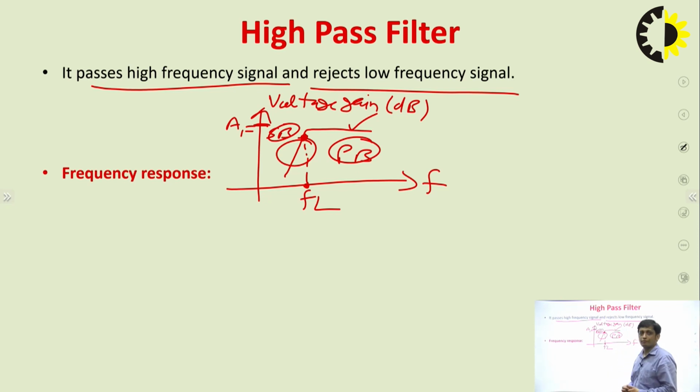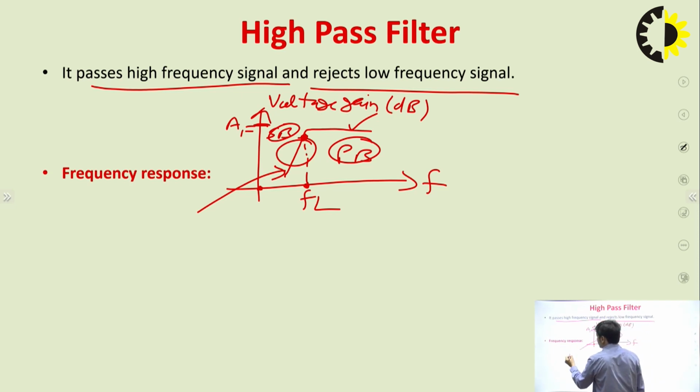Again, there is a roll-off rate, and the roll-off rate for this high pass filter again depends upon the order of the high pass filter. If it is the first order high pass filter, then the roll-off rate, you can see that if you are coming from the origin, the gain is initially in fact increasing. You will see that it is increasing.